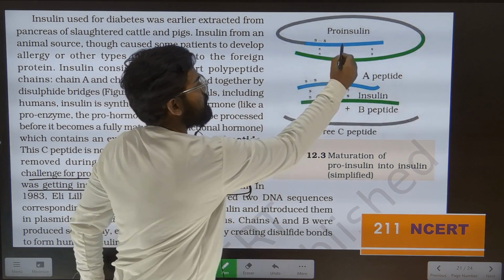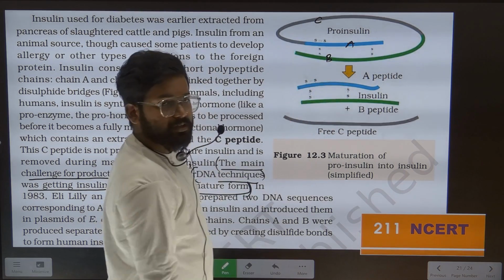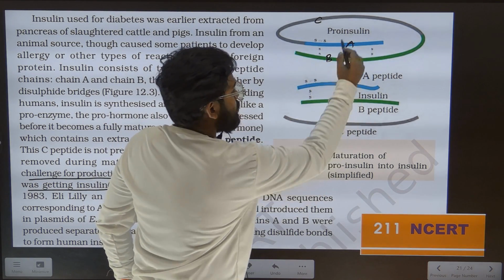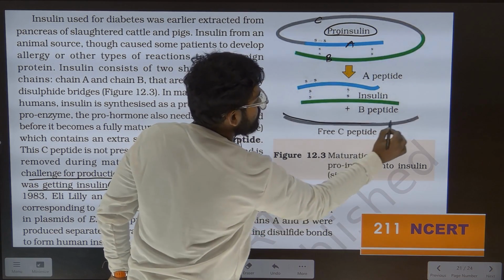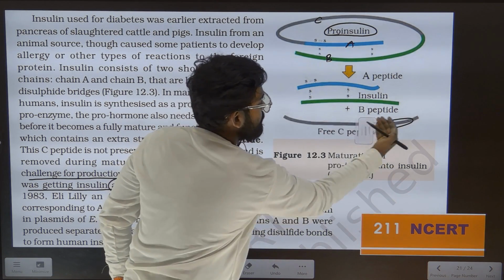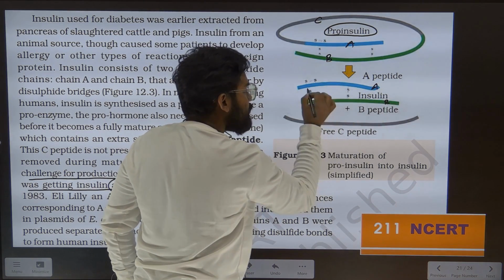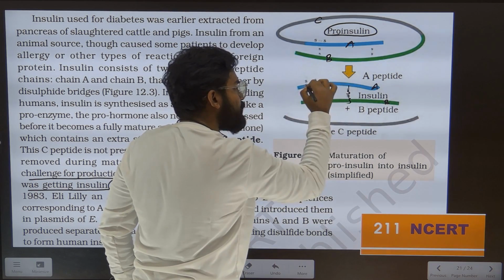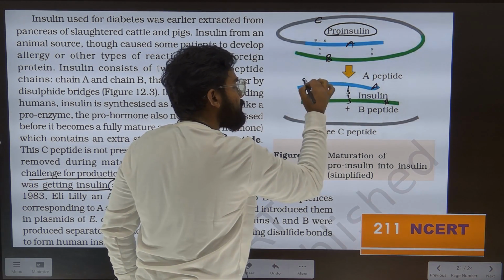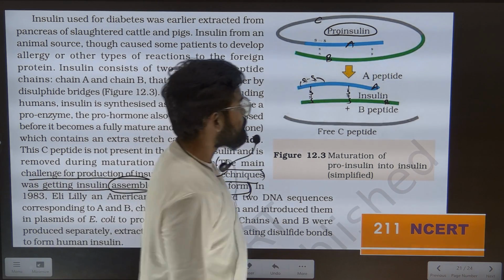This is the A chain, this is the C chain, this is the B chain. Once the matured insulin is formed from proinsulin, the C peptide is freed out, the C peptide is lost. Now this is the A chain, this is the B chain, they are joined by disulfide bridges. And I have also said between the chain there will also be disulfide bridge. Here you can also see the disulfide bridge present. Clear?